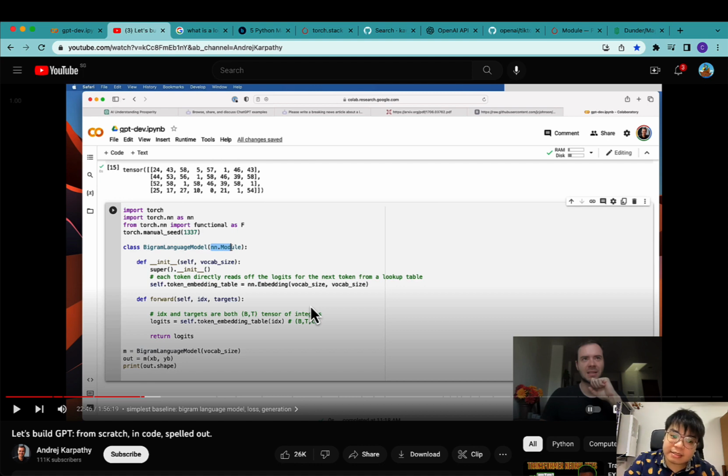Okay, that makes sense. It's like a bigram. So the row represents the probability of the next word appearing, given the word index over here.